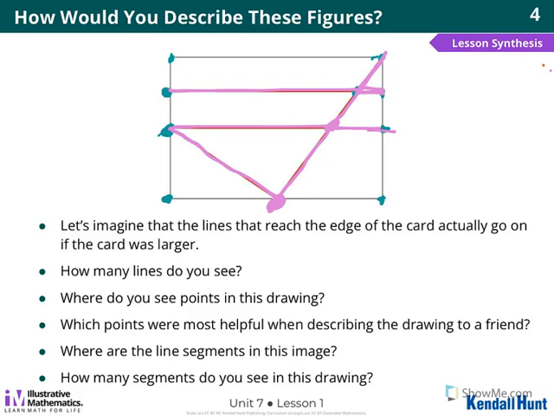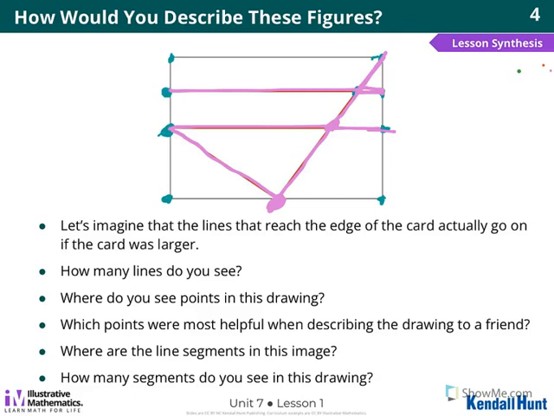Okay. How many line segments are in this drawing? Turn and talk with your neighbor. 1, 2, 3, 4, 5, 6, 7, 8. 1, 2, 3, 4, 5, 6. No. I got 7. I got 8.